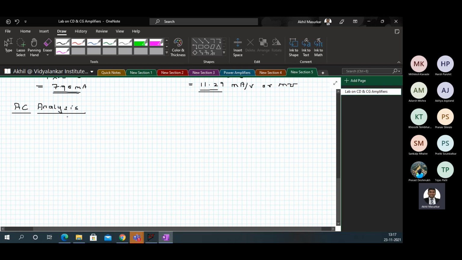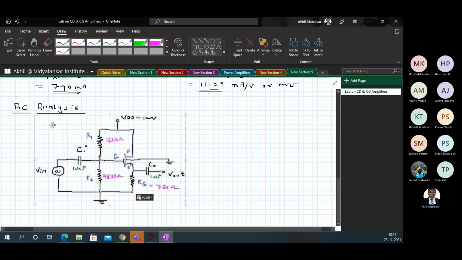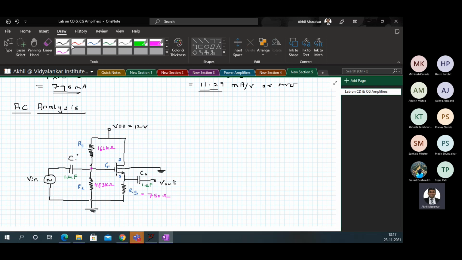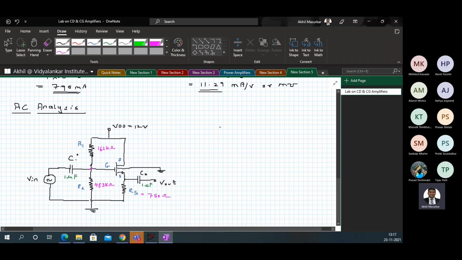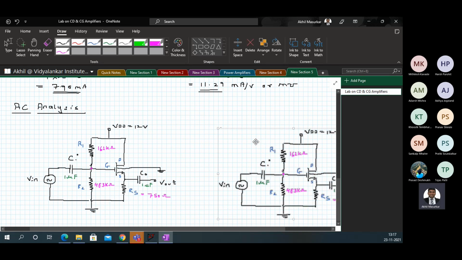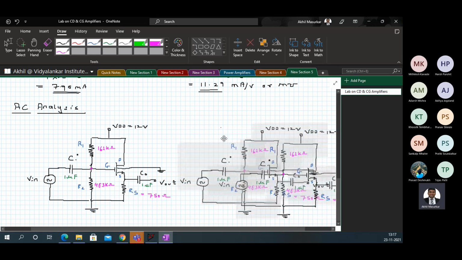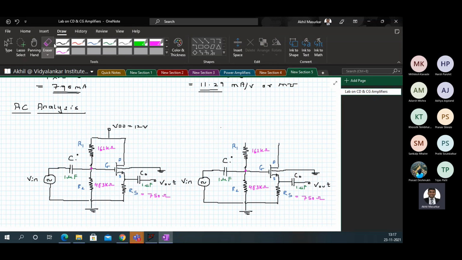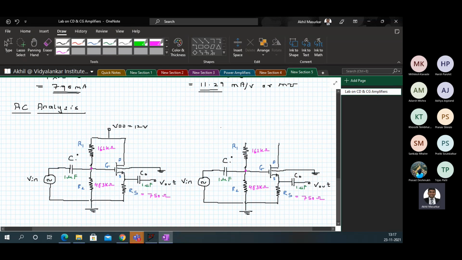So let's see the AC analysis. Our initial circuit was like this, please recollect. In the AC analysis, we keep only AC components and connect the other things to ground. So the first step is connecting the VDD, the supply voltage, to ground.